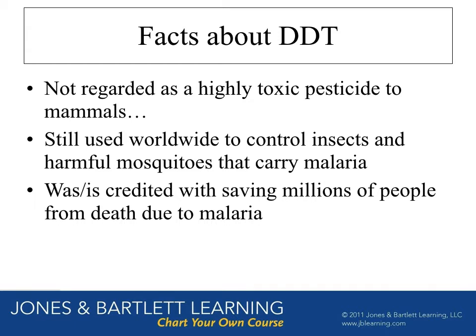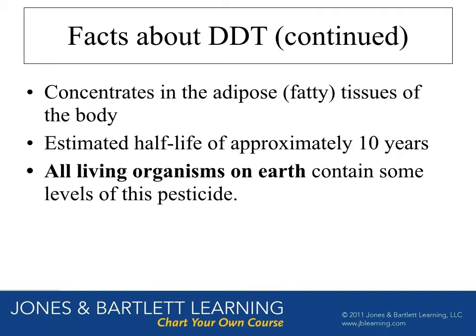And again, it is obviously, and was and is, credited with saving millions of people from death from malaria. As an organochlorine compound, as we talked about, it concentrates in the fatty tissues of the body, whether it's a human body or a fish or a mammal or a bird.